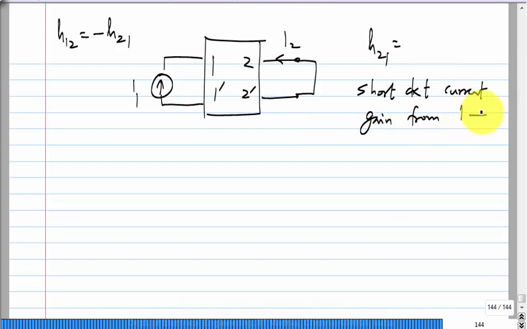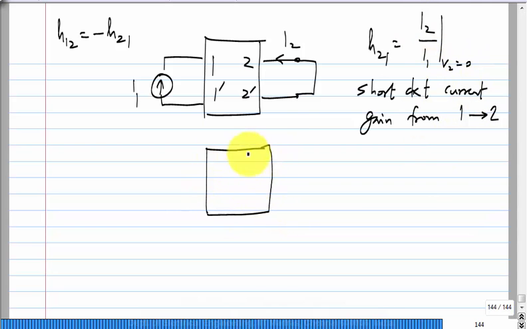From port 1 to port 2. And that will be equal to what? Minus H12. And how do you measure that? You apply a voltage source to port 2 and open circuit port 1, and you measure the voltage gain.